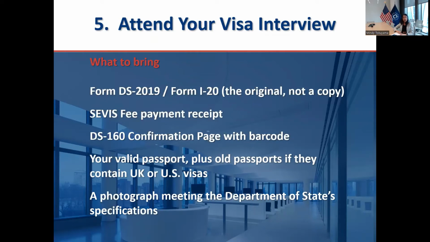Also, make sure that you bring your valid passport with you so that we can put the visa in if it's approved. And it's helpful to bring any old passports with you if you've had US visas in them in the past, as they may or may not be requested. And number 5, make sure you bring a photo taken within the last 6 months. You can find photo specifications on the travel.state.gov website.